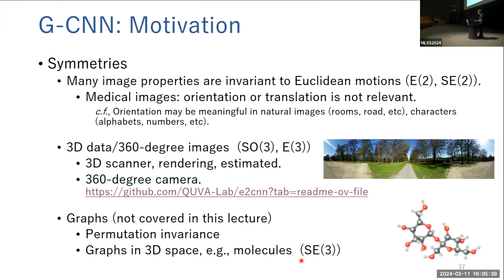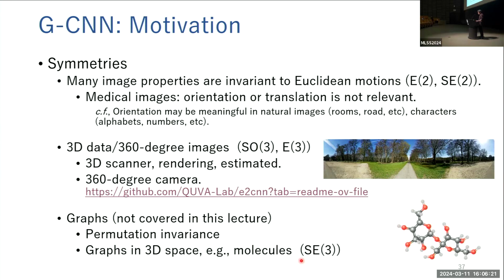Obviously, there are many image properties that are invariant not only to translation, but also to more general Euclidean motion. The typical example is medical images. In medical images, the orientation doesn't make much sense in general. In natural images, like rooms and roads, the orientation may have some meaning. Basically we don't have an image of a road on the top and the sky on the bottom.